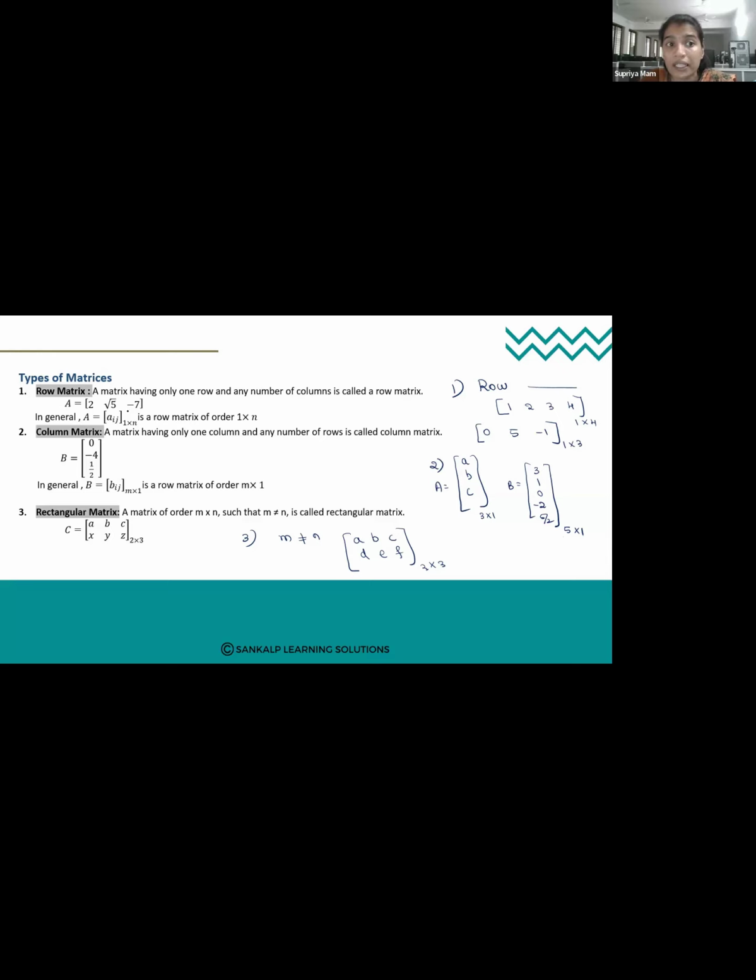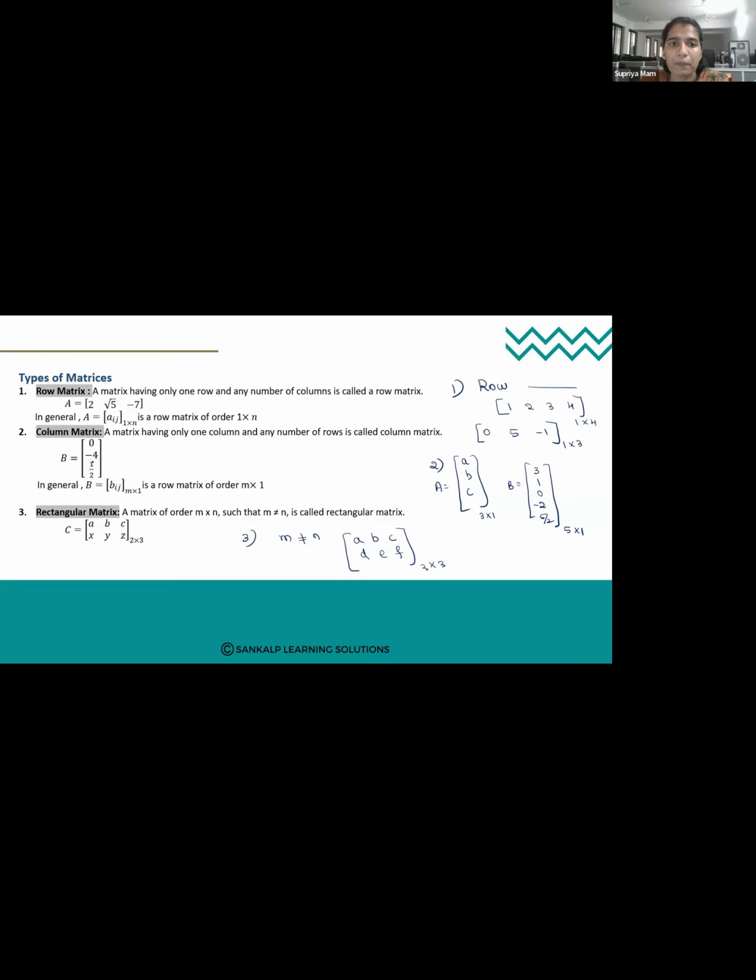Now compare this with the above ones. Clearly, both row and column matrices are rectangular matrices. For example, row matrix, order 1 by n. For a column matrix, I can consider the example m by 1.